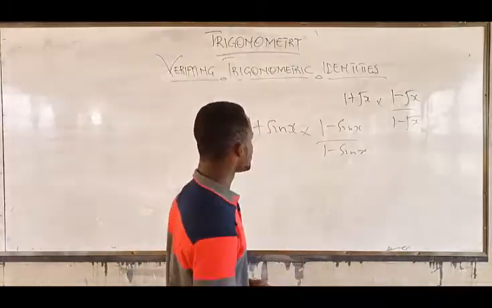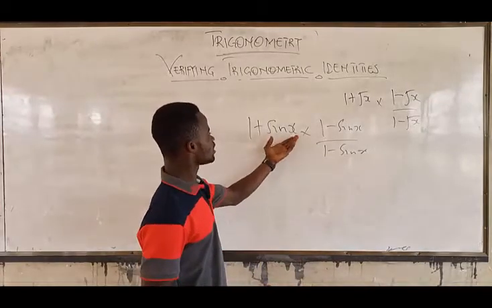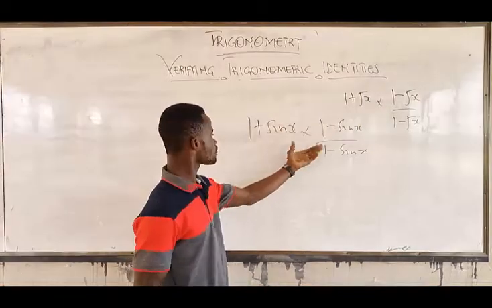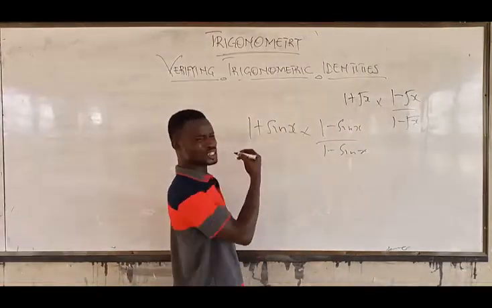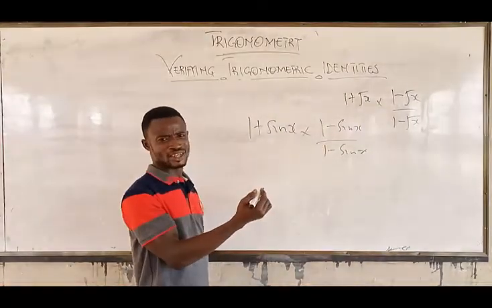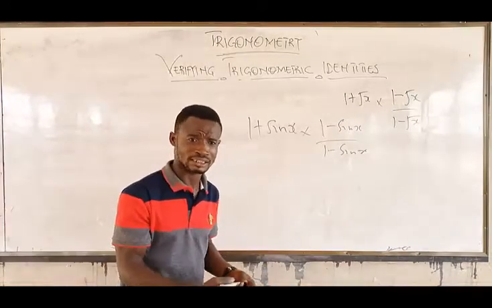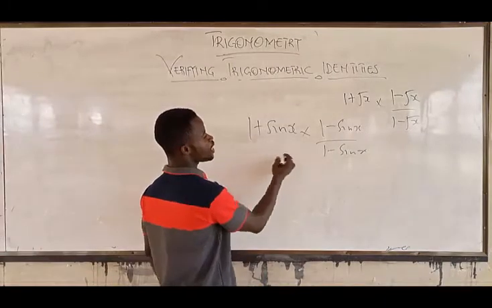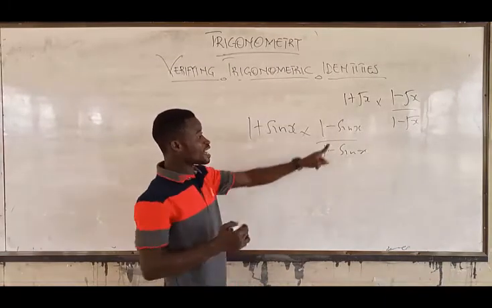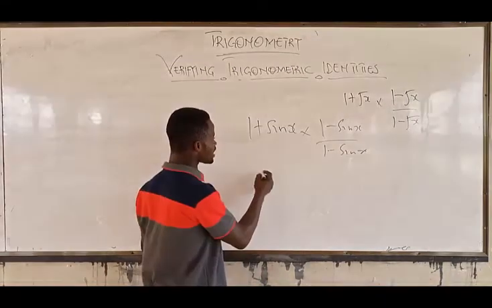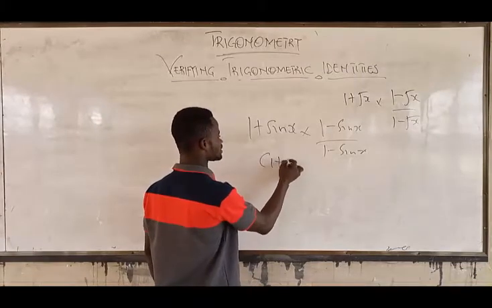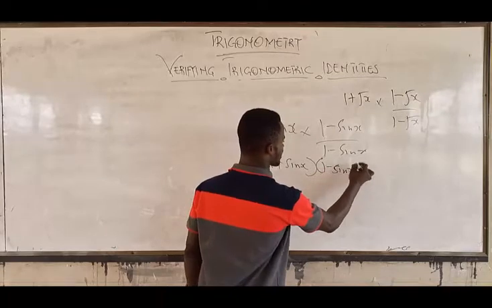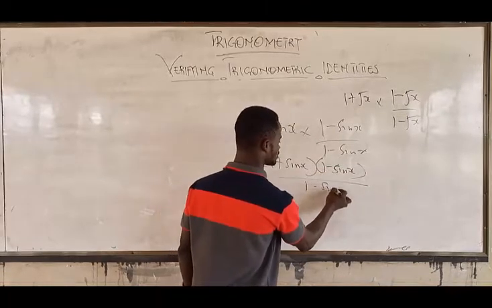When you do that, you can see that there is going to be a difference of two squares. The reason we are doing that is not just because we have to, but because it's going to help us. If you rationalize by changing the sign, you get 1 plus sine x multiplied by 1 minus sine x, all over 1 minus sine x.